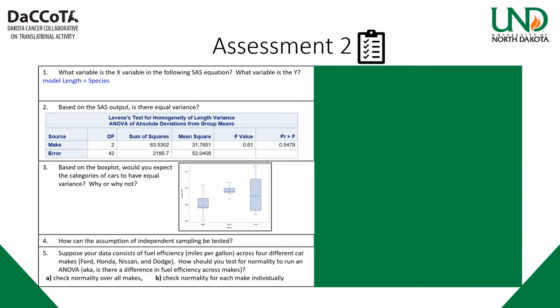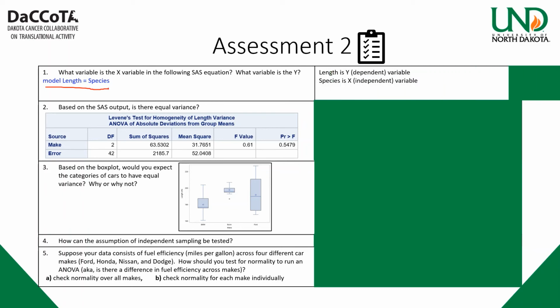All right, hopefully you're back, full of answers and possibly renewed in energy. Let's see number 1. This is a similar question to last time, except we're using SAS notation, and unsurprisingly, it's going to be y as length, the dependent, equals x as the independent.